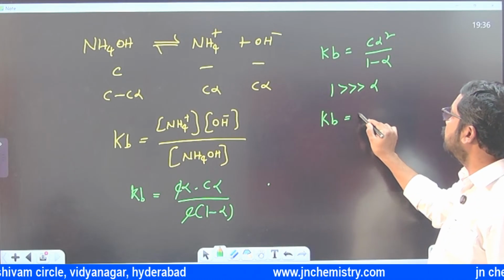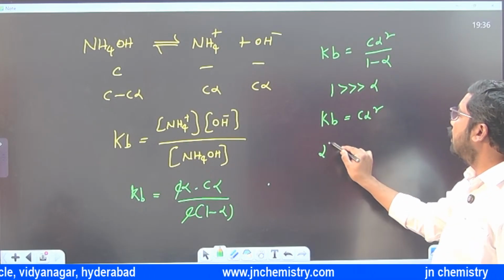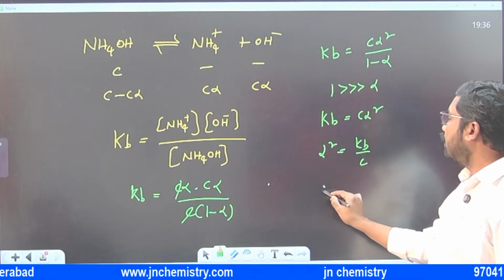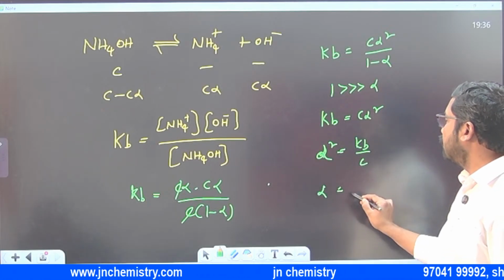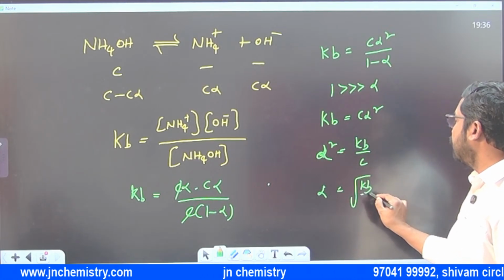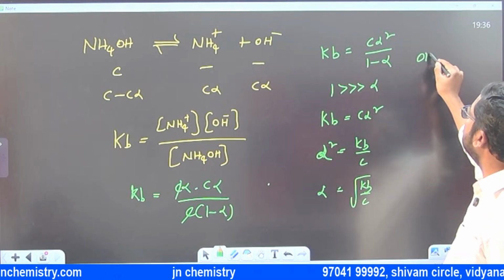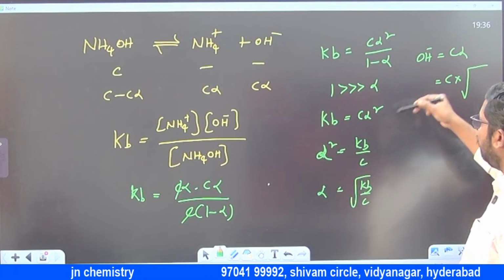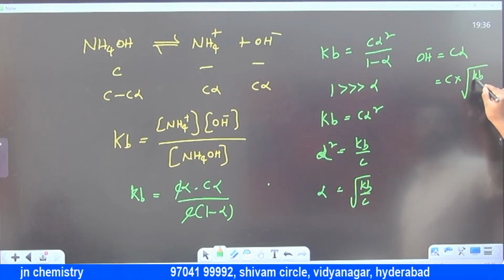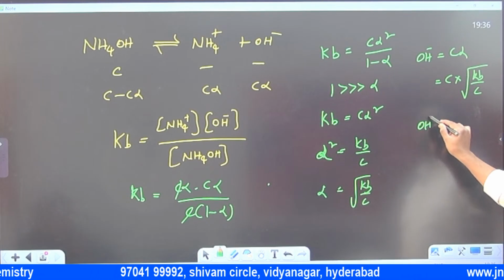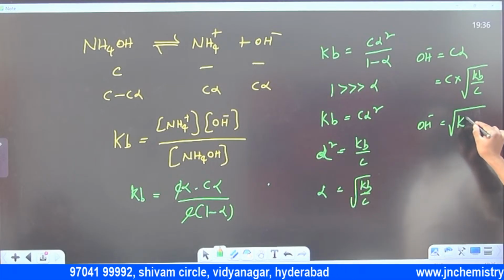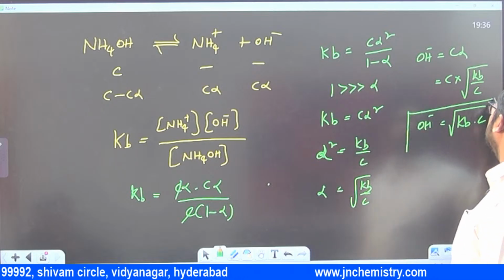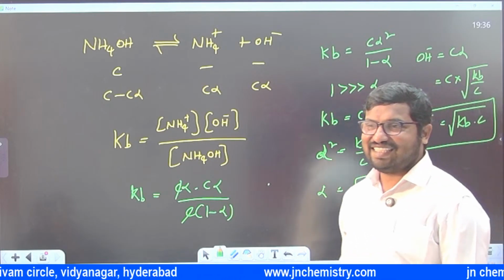Kb is equal to C alpha square, alpha square is Kb by C, alpha is equal to root of Kb by C. Here the OH minus ion concentration is C alpha, C into alpha, which gives root of Kb into C.